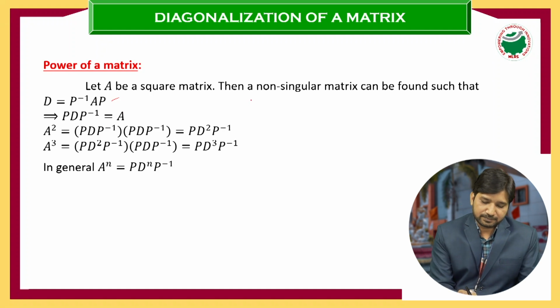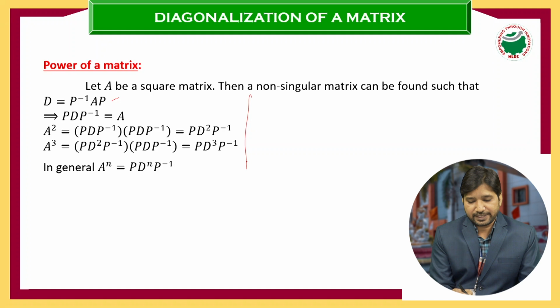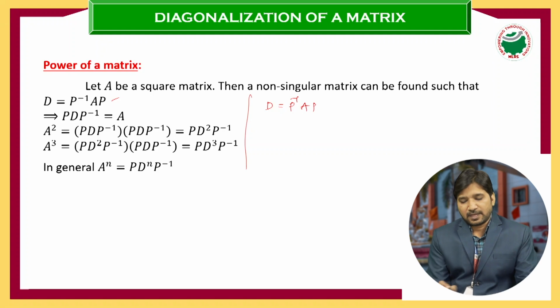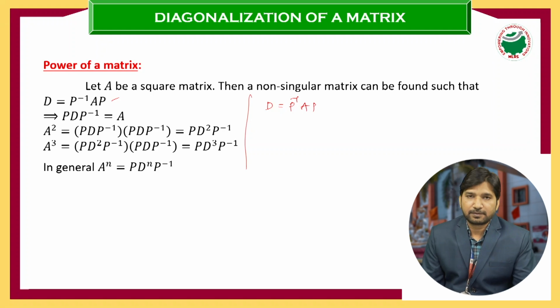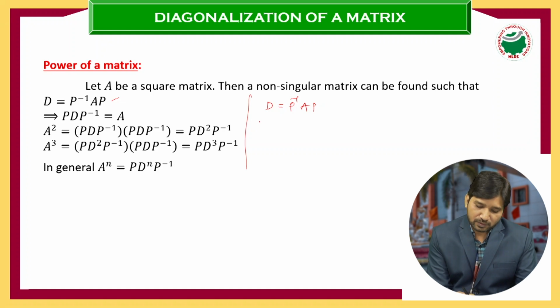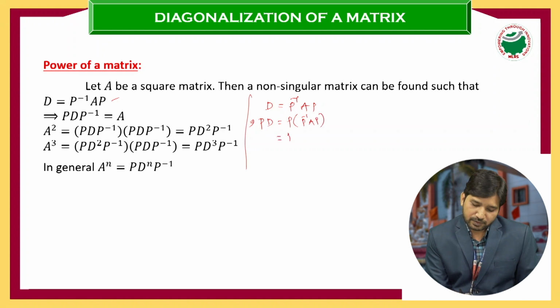I will explain. Just write D equal to P inverse AP. Multiplying the matrix P on both sides, on the left side, we can write PD equals P into P inverse AP. So this is P into P inverse into AP.